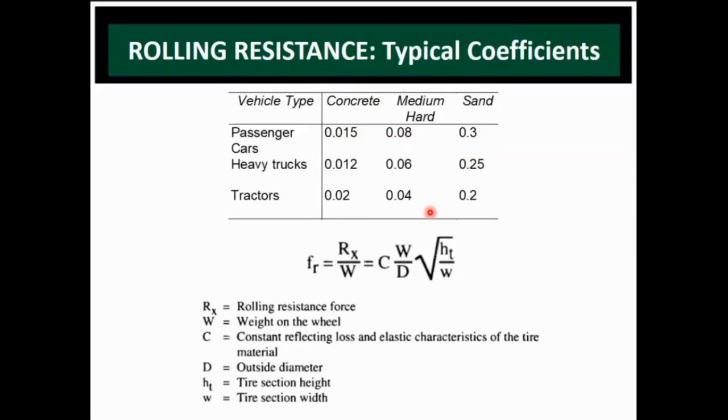And then on top of the typical coefficient for rolling resistance, this equation represents the rolling resistance, Fr, equal to Rx. Rx is the rolling resistance force divided by weight of the wheel, equal to C, C times W over D and square root HT over W. Detail kat sini lah, detail punya parameter.